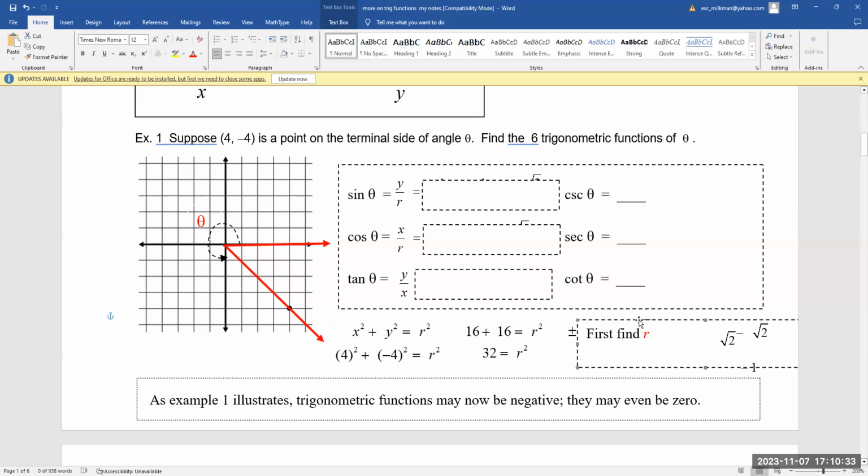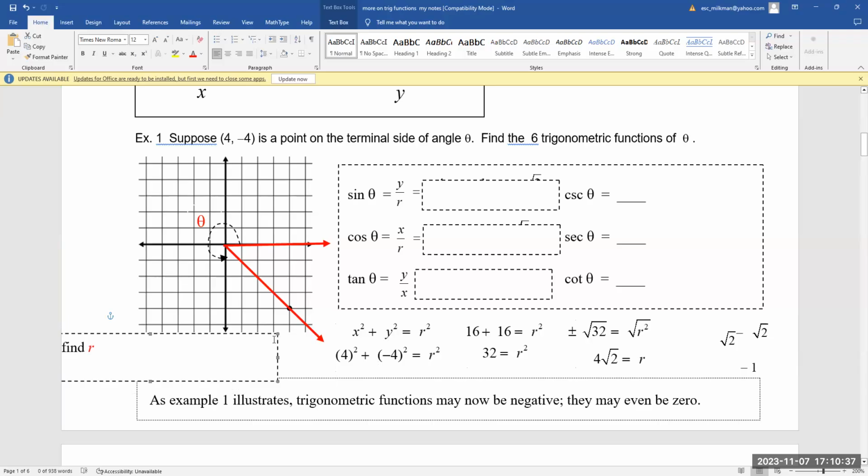Taking the square root of both sides, I'm putting a plus or minus sign, because I always do put a plus or minus sign when I solve my quadratics. But I do realize that r has to be a positive distance, since it's the distance from the origin to my point. And so I just incorporate the positive answer. R happens to be 4 radical 2.